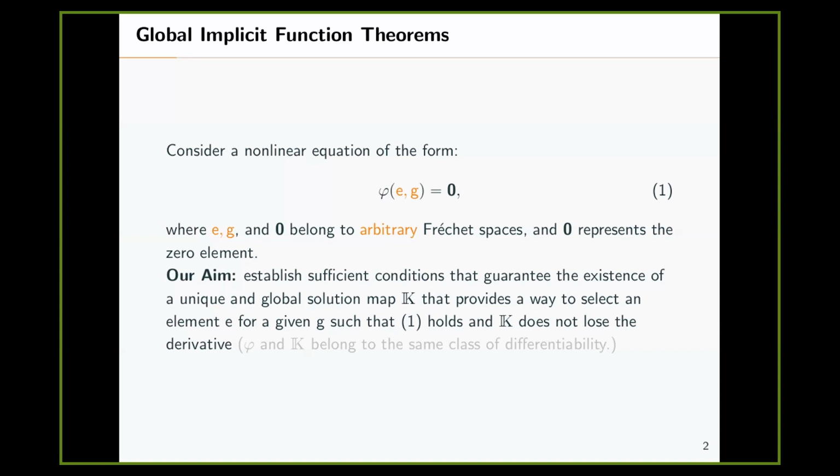And it is very significant in applications. It facilitates further analysis without encountering singularities. That's a very important point for us, that our solution map has the same degree of differentiability as phi.